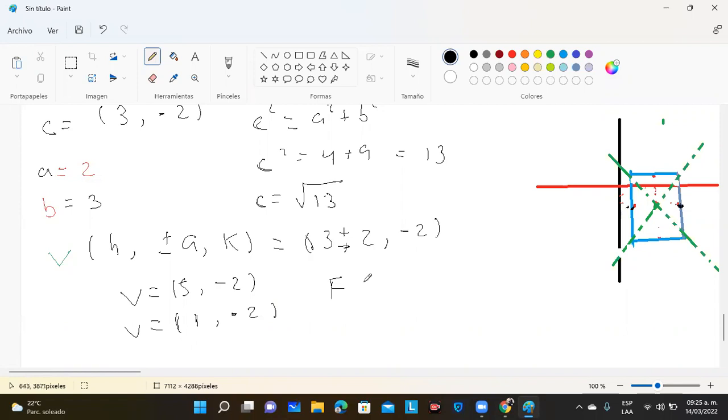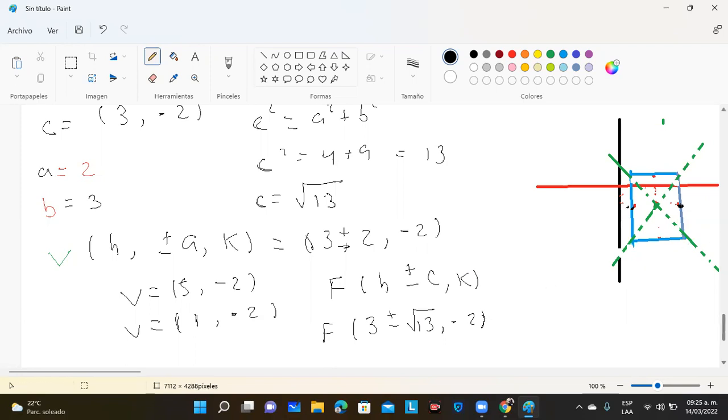The foci are going to be at h plus or minus c, comma, k. So the foci are going to be at 3 plus or minus square root of 13, comma, minus 2. Okay, these ones are going to be the foci.